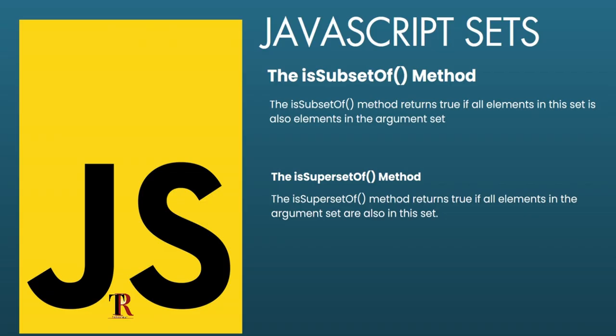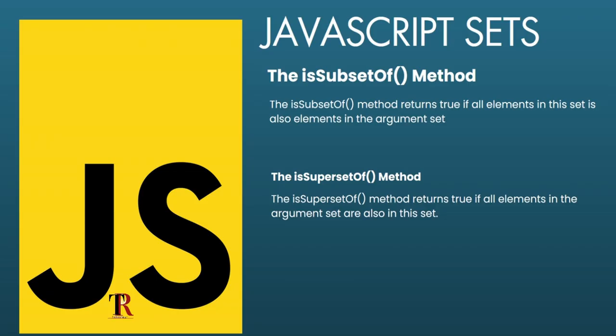So the isSubsetOf method returns true if every element in a set is also an element in the argument set. Which means that when you have a set and you have an argument set, like I've shown in the examples in the past, if all the elements of that set are in the argument set, it returns true.